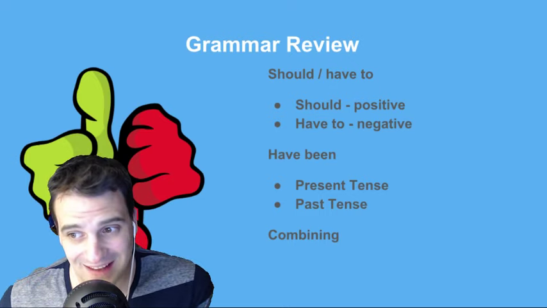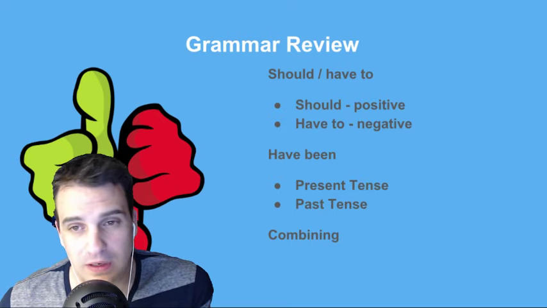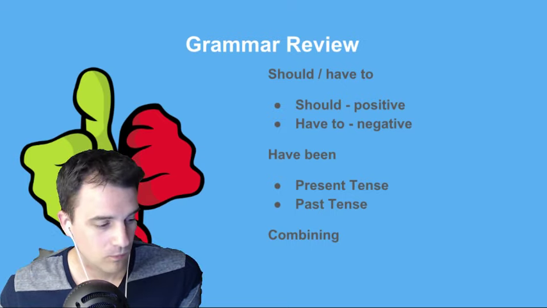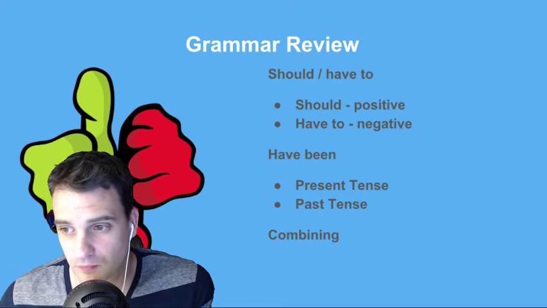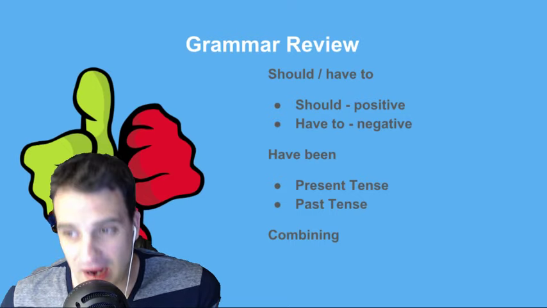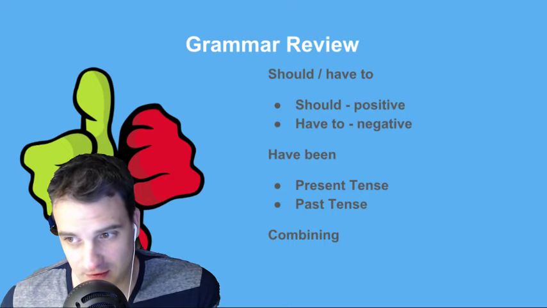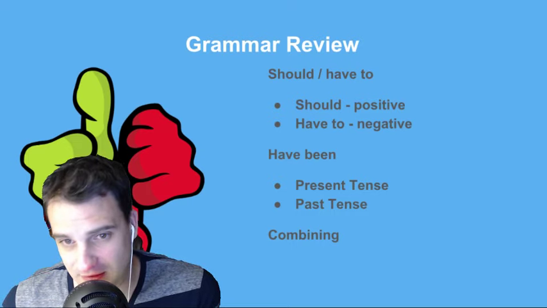So, for the past tense of had been, we need to talk about what changed. Tavo, perfect. So it's, I have to go to the dentist, or I will have problems with my teeth.